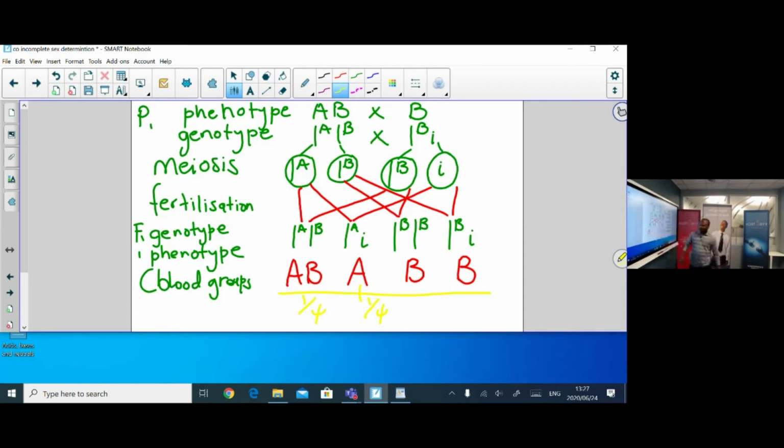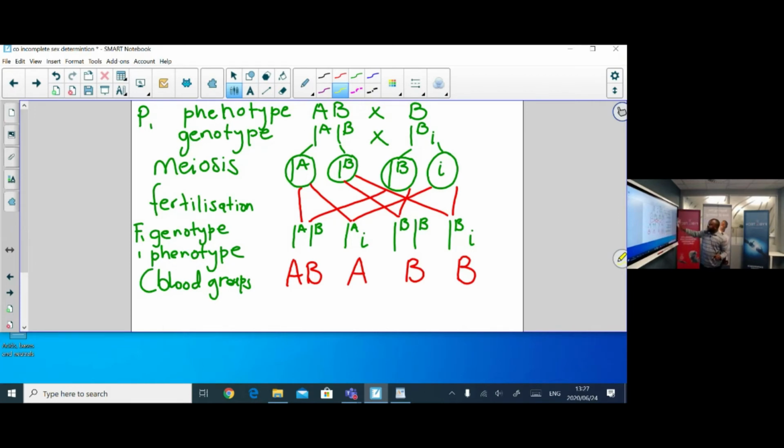Of getting B, it's 2 out of 4, which is half, or a 50% chance. All right, so let me put it as a question. Good, so that's the possible outcomes.